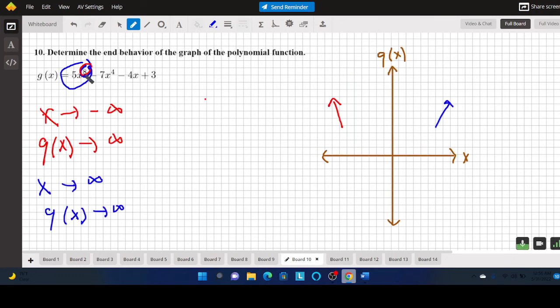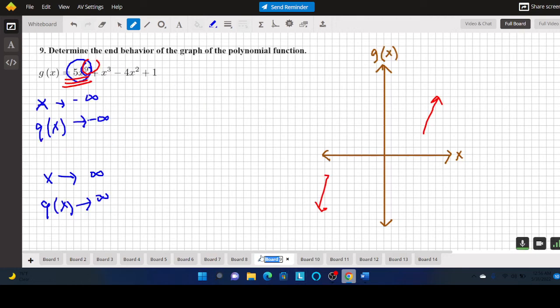Number 10, 8 is the highest degree, biggest exponent, so that is the leading coefficient. It's in standard form. 8, then 4, then 1. And double checking number 9. 9 is the biggest or largest or greatest exponent, so that is the proper term to select as the leading term and get our leading coefficient.